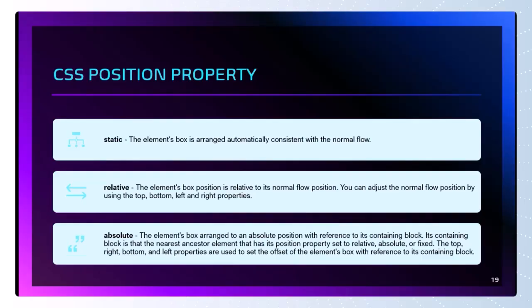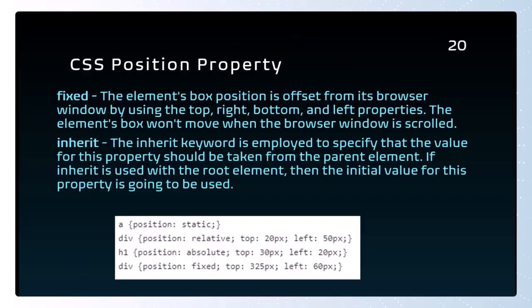The top, right, bottom, and left properties are used to set the offset of the element's box with reference to its containing block. For CSS position fixed, the element's box position is offset from the browser window by using the top, right, bottom, and left properties. The element's box won't move when the browser window is scrolled.